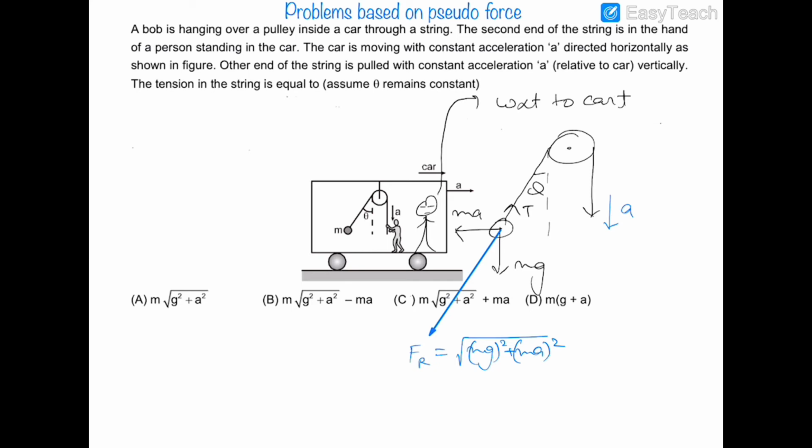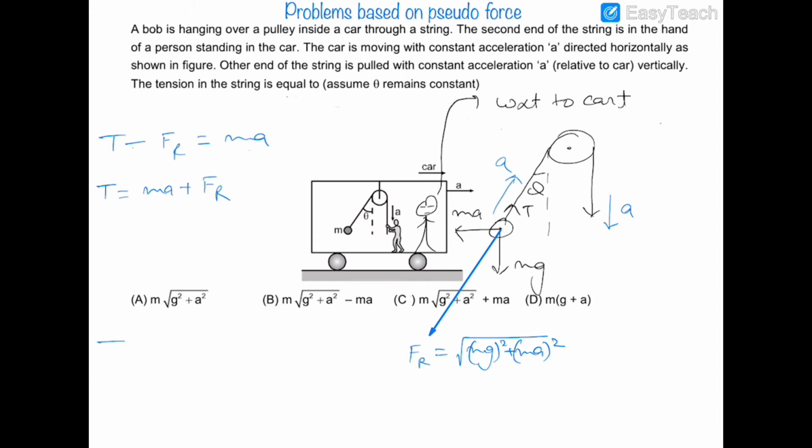Therefore this ball will be moving along the string in this direction with an acceleration a. So we can write the equation as T minus F resultant will be equal to Ma, and T will be equal to Ma plus F resultant.